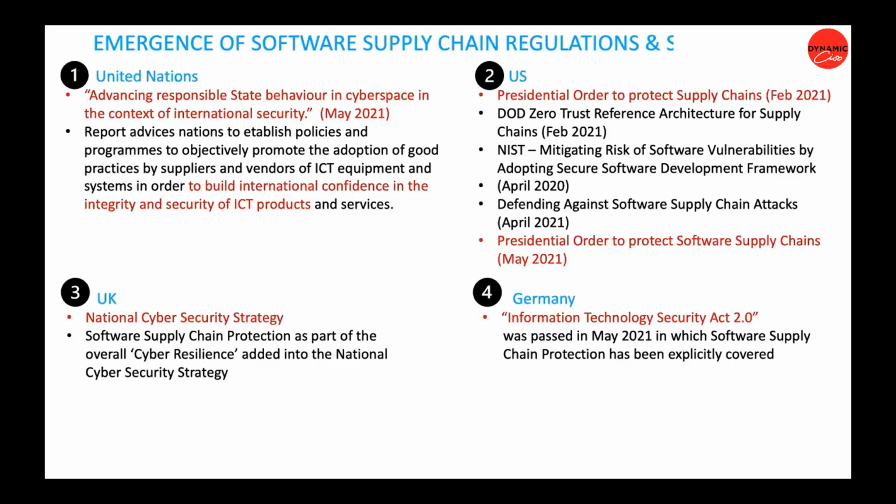Then in May, there was another presidential order which said that these things have to come into place and organize all these suppliers. They've been given time till May 2022 to get themselves compliant to these regulations, right? The first thing is, if they don't do that, they will lose out on all federal orders.